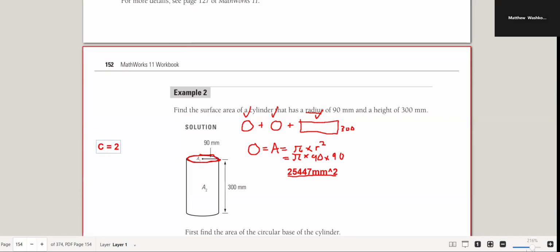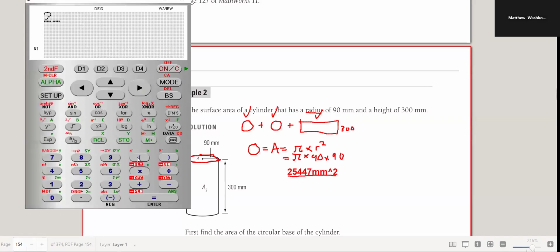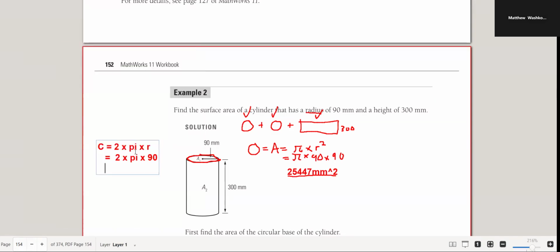Circumference is equal to 2 times pi times r, the radius. So 2 times pi times 90. 566 is what we'll get. Equals 566 millimeters.